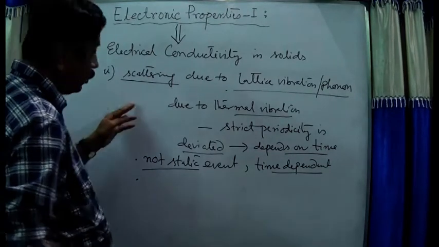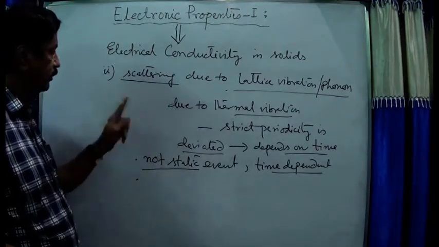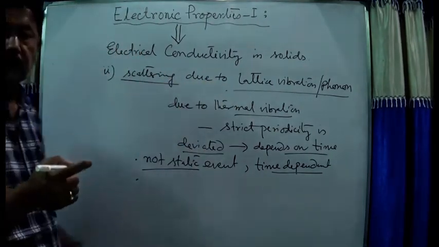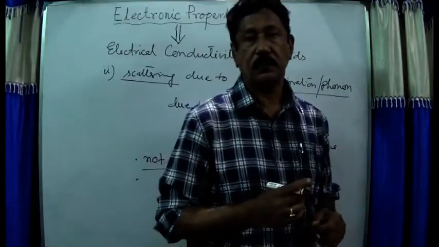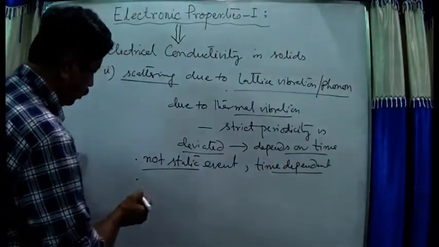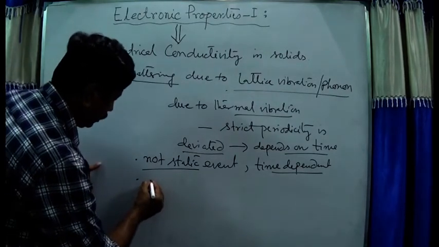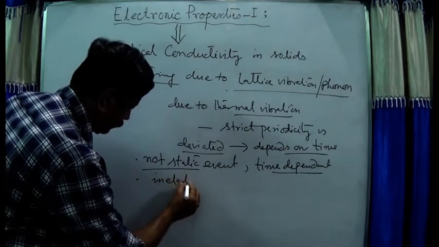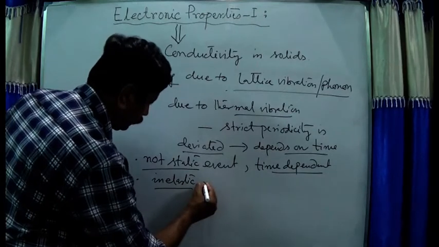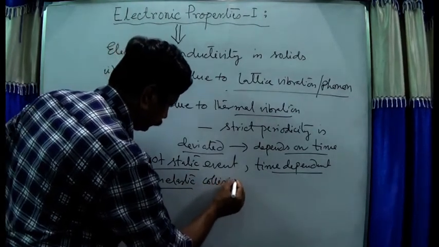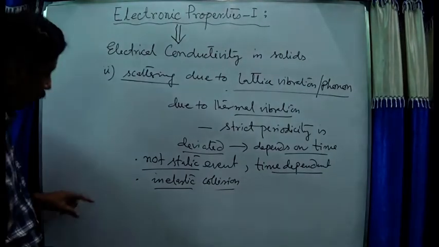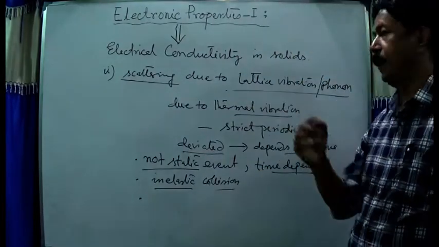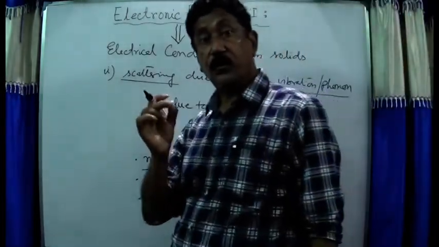As we have discussed, in the scattering due to lattice defect, it was elastic type of scattering. Now here we will observe the phenomenon as an inelastic condition. The most important one is that this scattering phenomenon is most dominating.